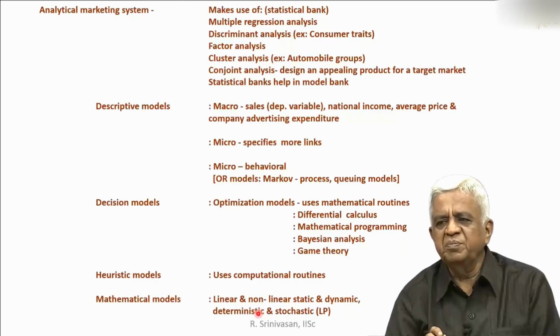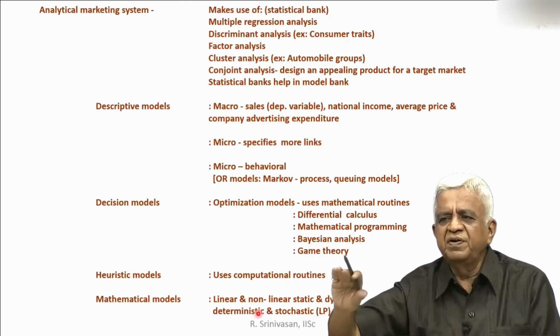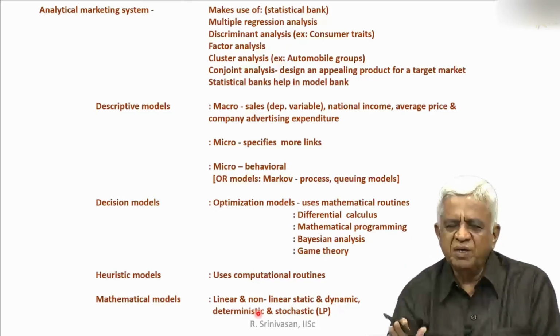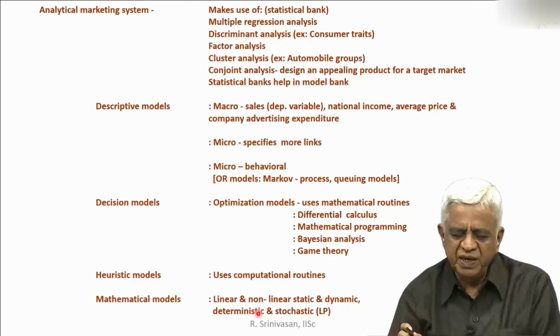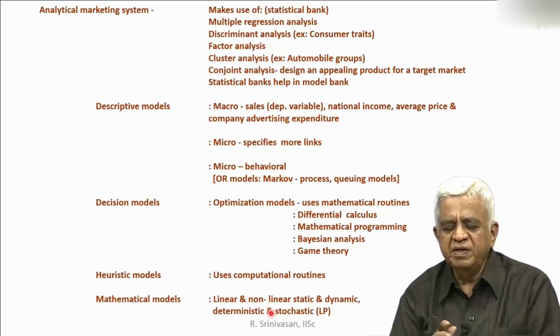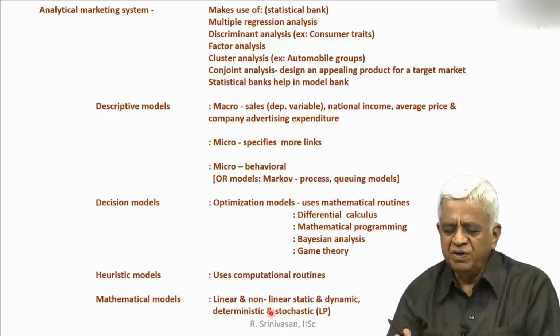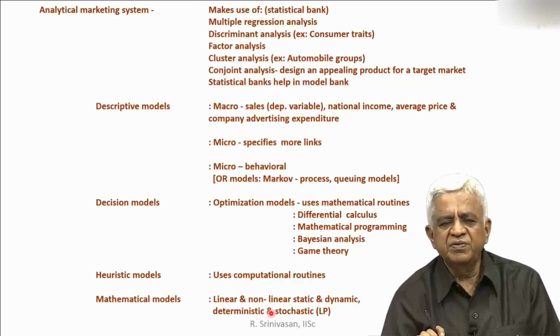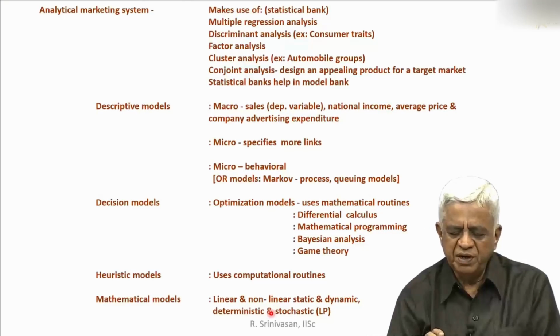In fact, when you look at deterministic probability, that probability itself is not there. Whatever you have arrived at is deterministic. Suppose you say this particular variable is going to influence the demand by 25%. You have found out that this is the variation that is going to come with respect to the demand using this particular variable.